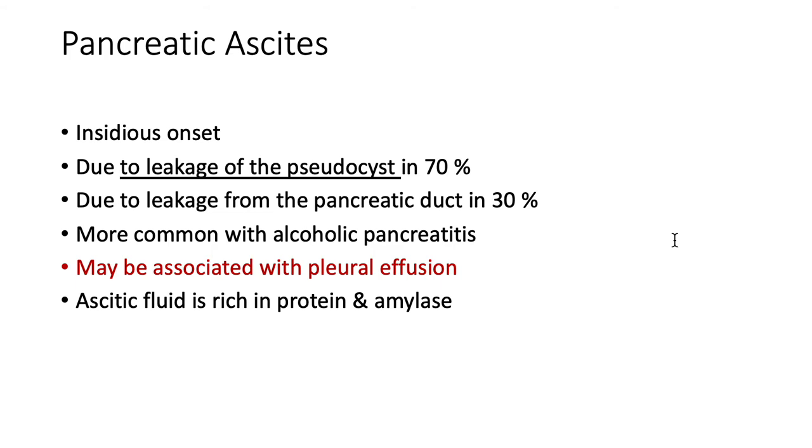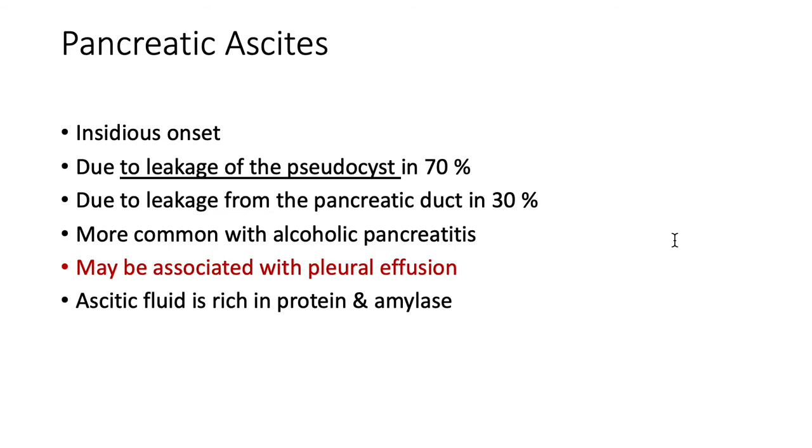It's a fluid collection formed by a fibrous capsule, but it's not a true cyst, because a true cyst is usually lined by epithelial cells or epithelial tissue. But this is not lined by epithelial tissue, it's just necrotic, fibrosed tissue, and has all the digestive enzymes and some tissue debris in it.